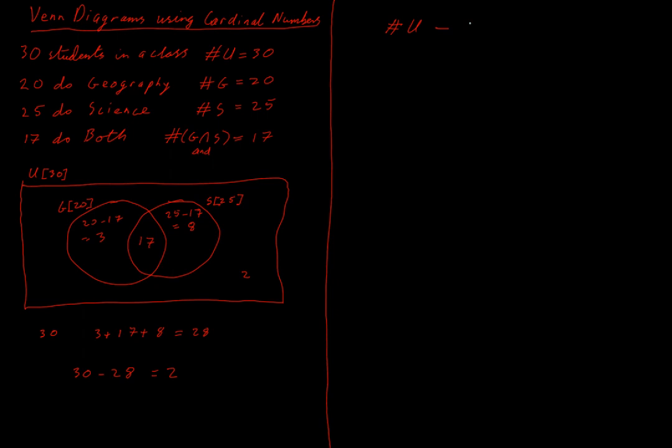Well, what's the number of people who do geography or science? That would be geography union science. So we're taking away the number of people who do geography or science. Remember, union means or, away from the total number of people in the class. So that's what our sum becomes.